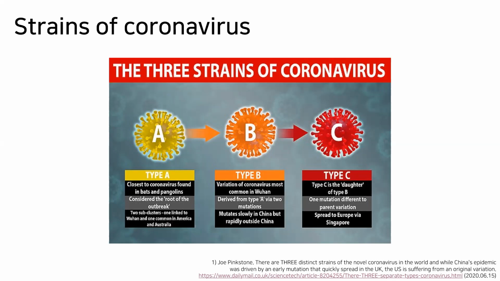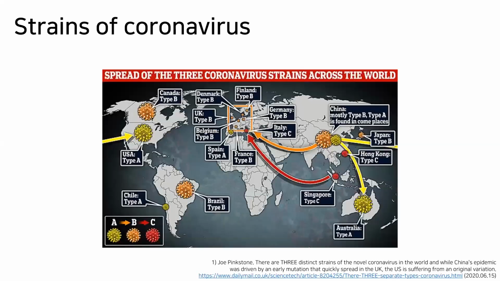Can you go back one slide? By looking at these sequences, A is yellow, B is orange, and C is red. Based on this sequence difference, we believe we can see the transfer track. So the A type is the original one, and then it has some mutations made in the Wuhan area.